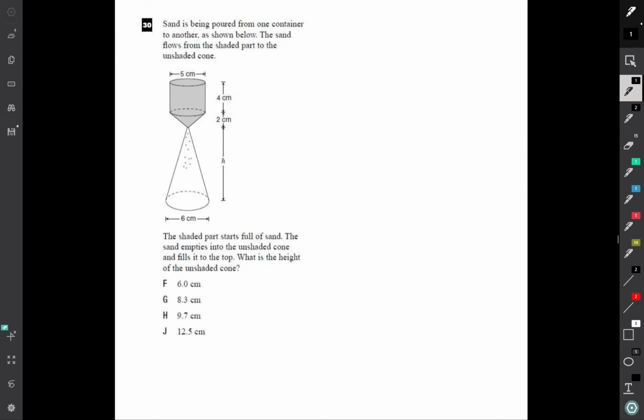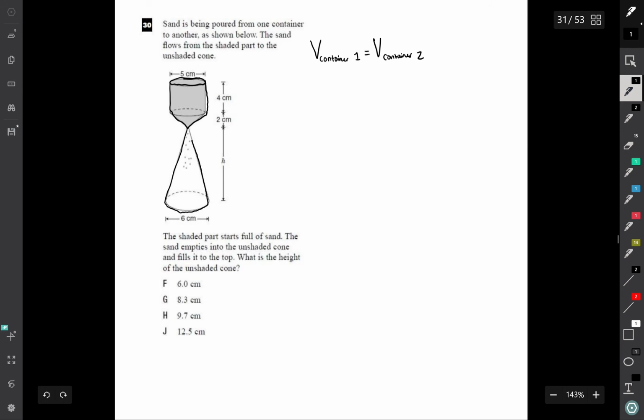They're telling us that the volume of container 1 is equal to the volume of container 2. Because if the first container was full of sand, and it emptied completely to completely fill up our second container, then the volumes must be identical.